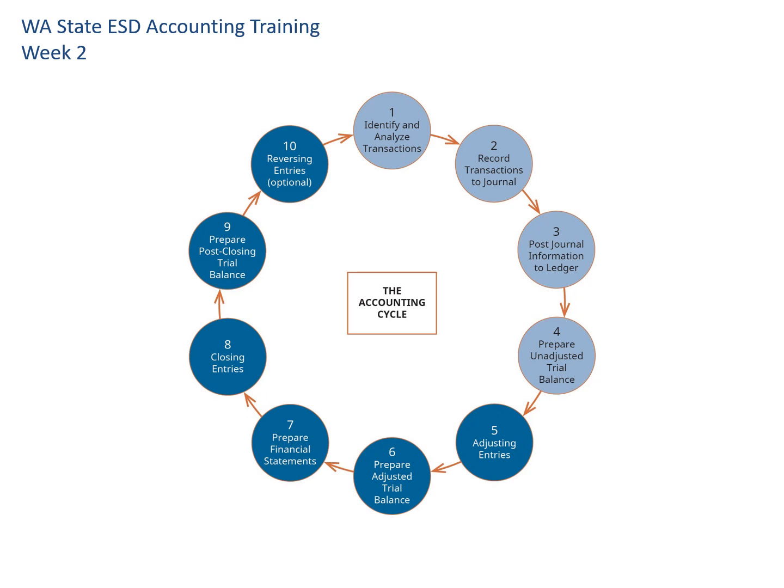So the accounting cycle starts with identifying and analyzing transactions. And I would also add the word capturing transactions. So different events take place in our business. We receive invoices from suppliers that have provided us with services. Employees do work and we need to recognize the expense and the liability associated with that. We bill clients for work we've done for them.